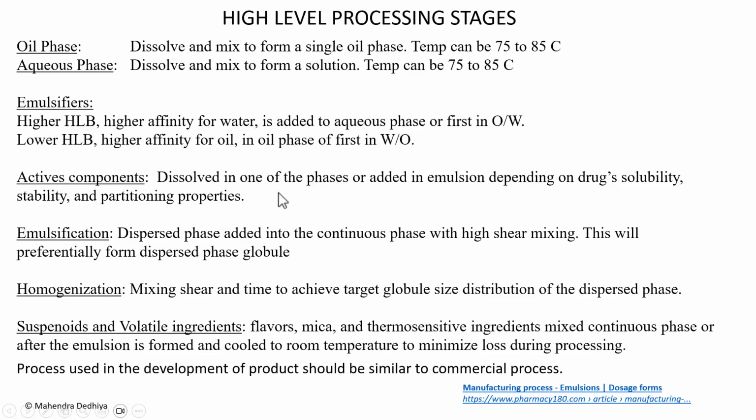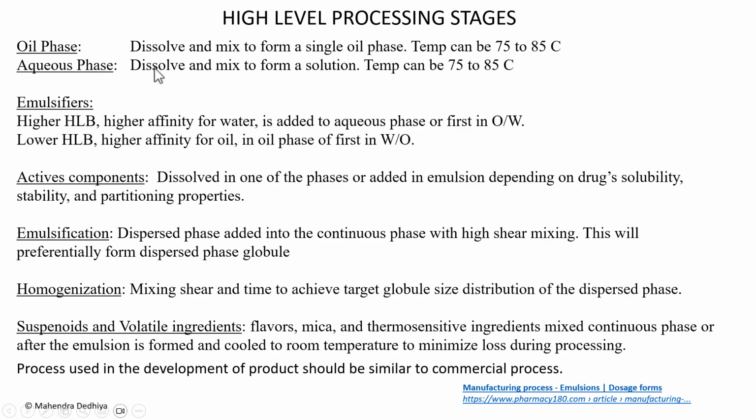Let's look at high-level processing. In this case, we're looking at a monoemulsion, an emulsion that contains two phases, an oil phase and an aqueous phase. For the oil phase, dissolve all the oil components, including emulsifiers, and mix to form a single oil phase. Temperature can be 75 to 85 degrees.